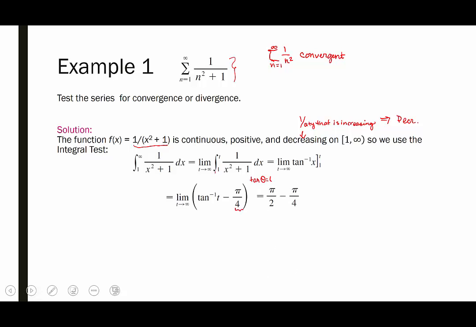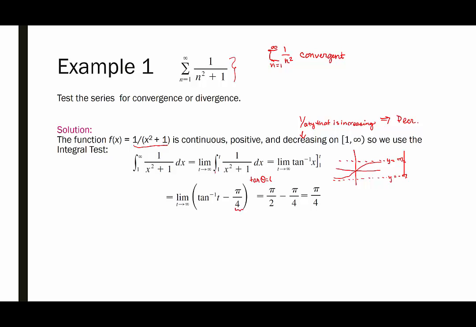So then we're going to take the limit as t approaches infinity. This pi over 2 here is obtained because the inverse tangent function looks like this. It's got two lovely horizontal asymptotes at pi over 2 and at negative pi over 2.